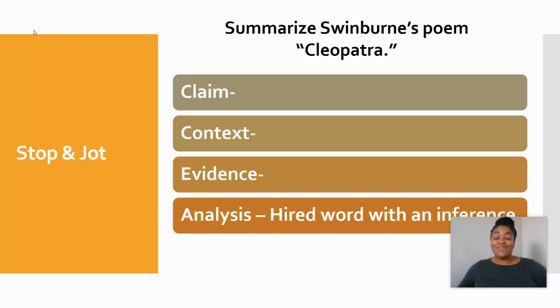Okay, scholars. So we have just completed our summary of the poem. We wrote a claim. We have our context. We've identified which two stanzas we're going to use as our evidence. And we've written our analysis using a higher word and making an inference.